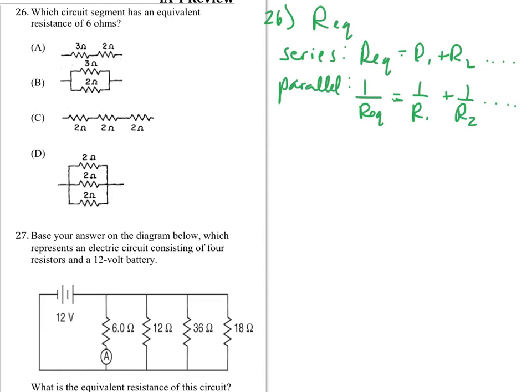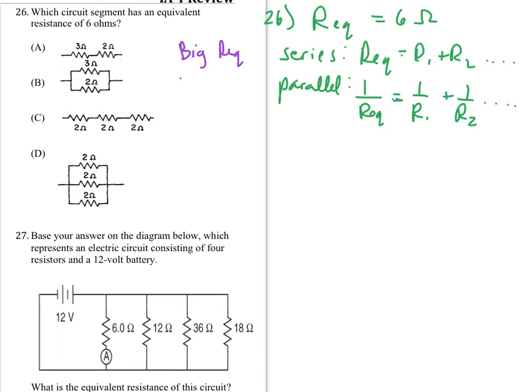So we gotta figure out which of these is equal to 6 ohms. We're looking for REQ equal to 6 ohms. Let's look through each of our choices and find out which of them will add up to 6. As a side note, in the series circuit, REQ is large, it's big.